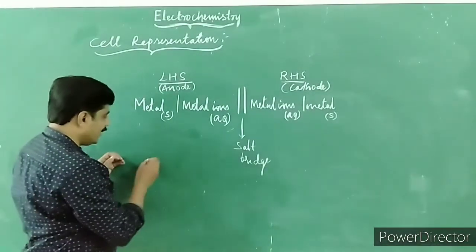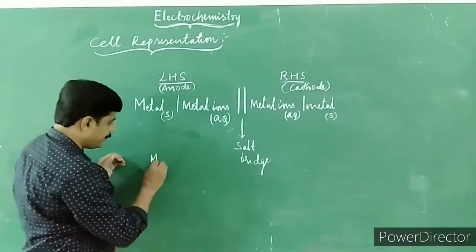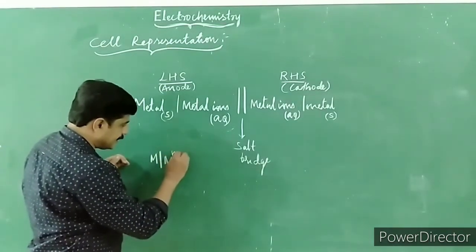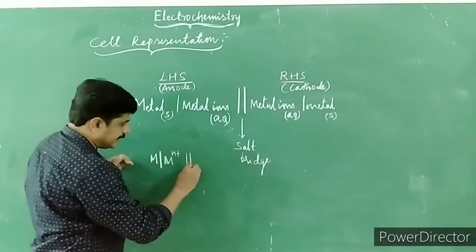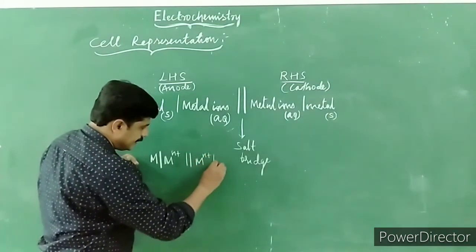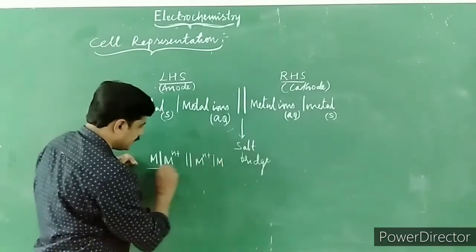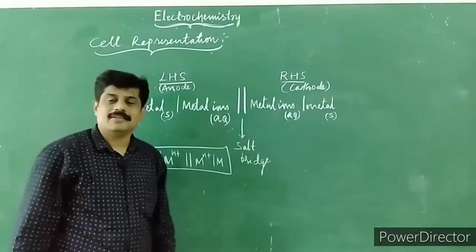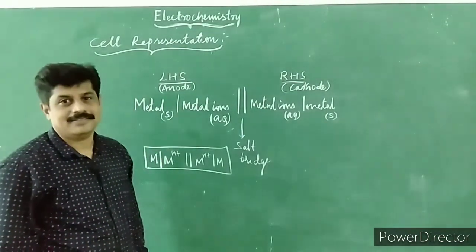Look at here, how do I write? M, M n plus, and then salt bridge, M n plus bar M. So this is how we represent an electrochemical cell or galvanic cell.